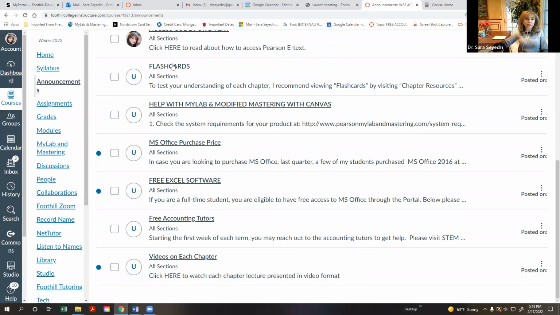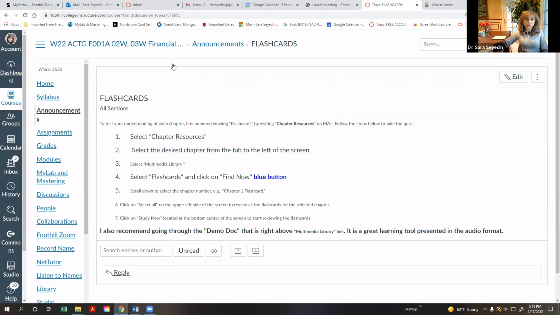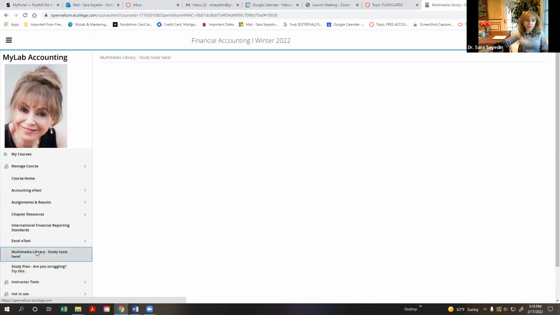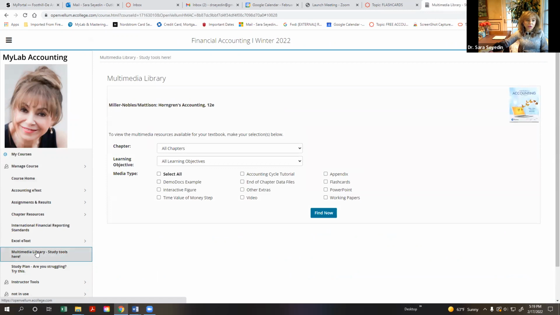So you go to flashcards, and then it will tell you step by step how to access flashcards, and it will tell you to go through the multimedia library and chapter resources. So I'm going to just go there, go to multimedia library. Once you go to multimedia library, you have all kinds of learning tools.